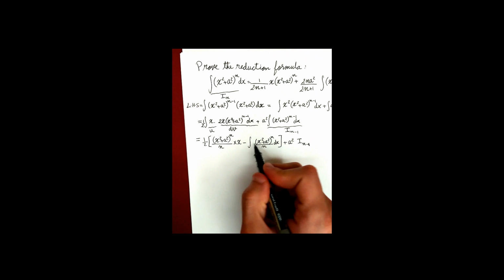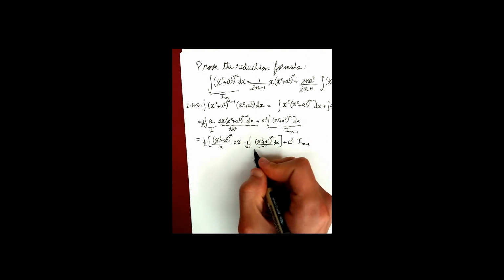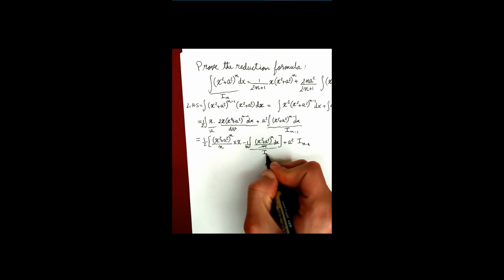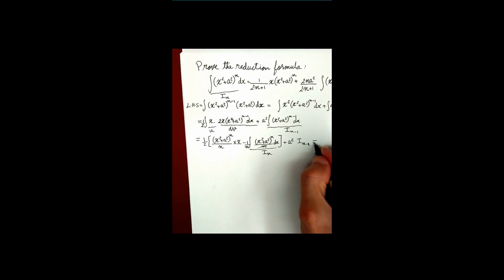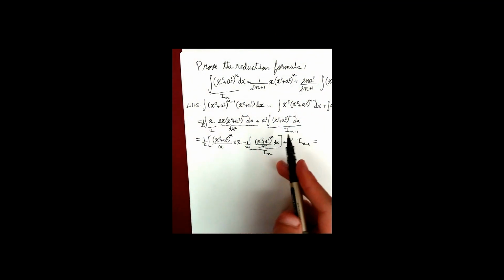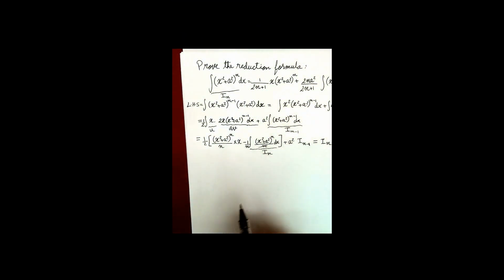You can see here also that if we remove this n and put it outside, this would be In. And the left hand side, which is all these equalities, is In. As you can see, here it is, this is In.